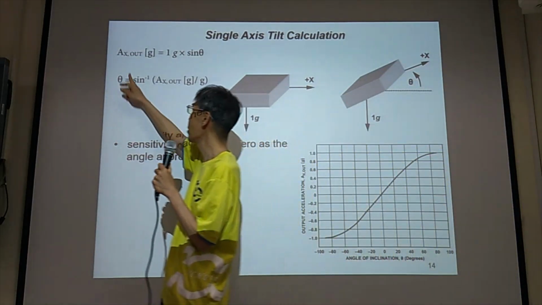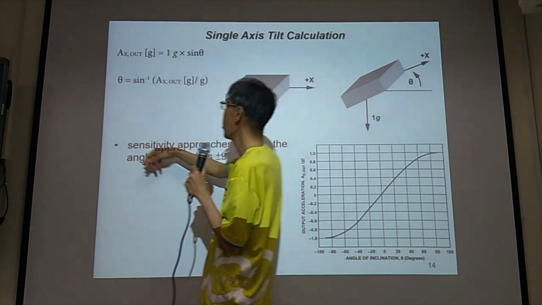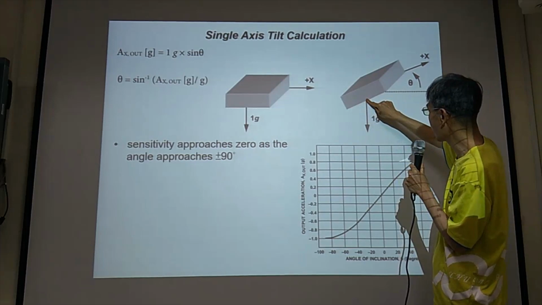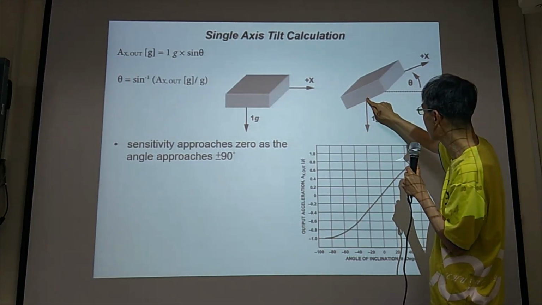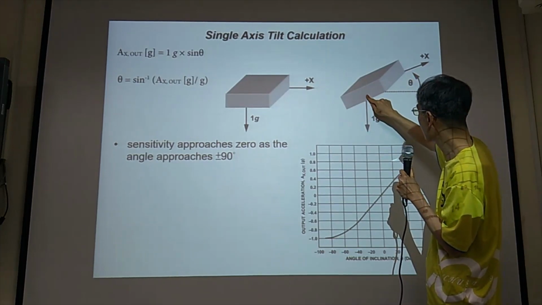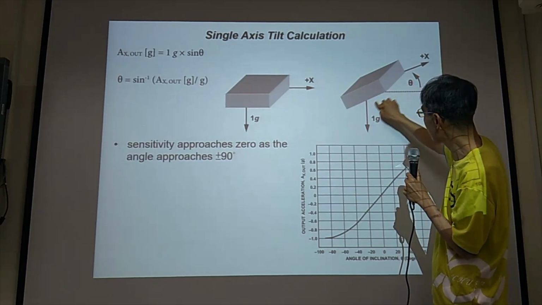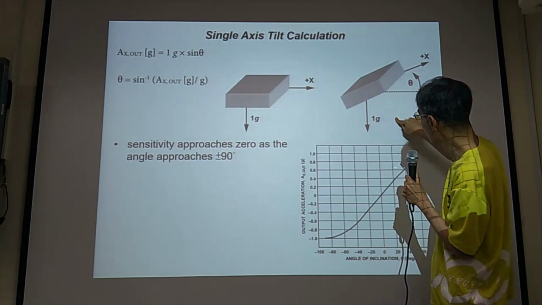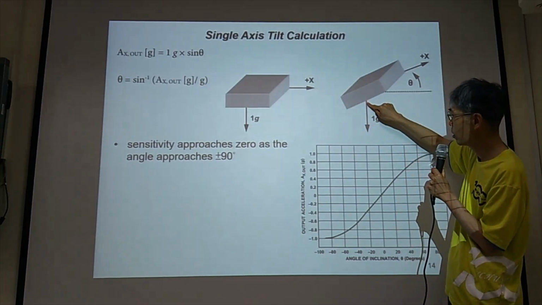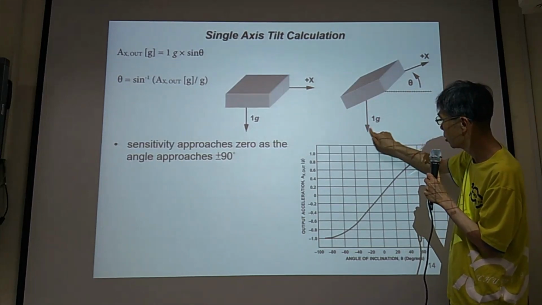Okay, so remember we have the AX output from the accelerometer. But now the acceleration, so this is G, and this is angle theta. You can plot this angle theta. So 90 degrees, 90 degrees, and this angle is theta. In this direction, we can separate this G into this component and this component.